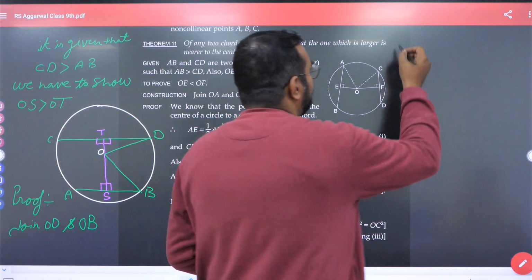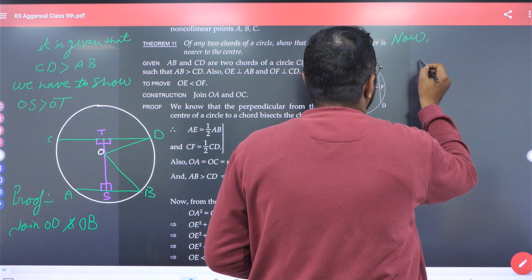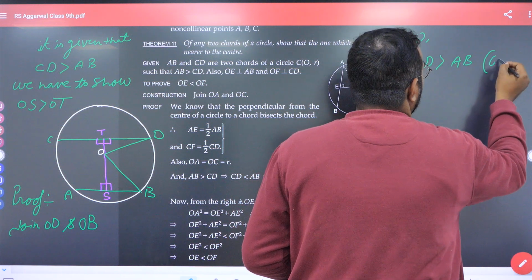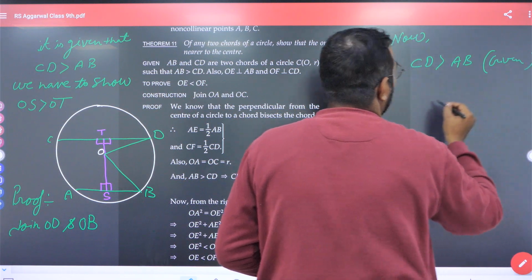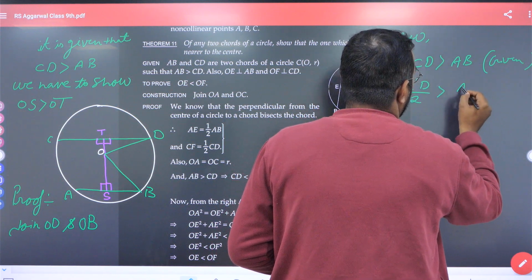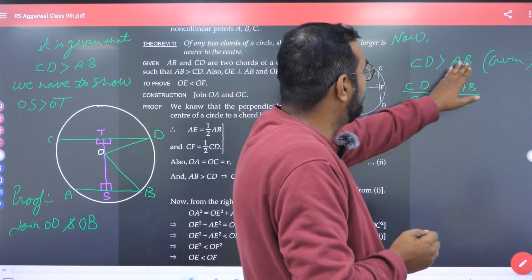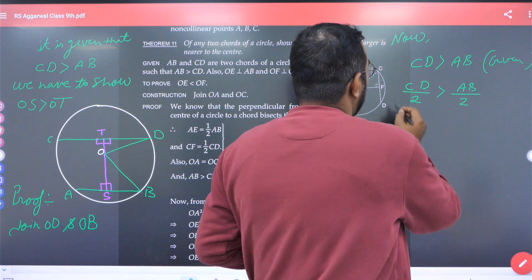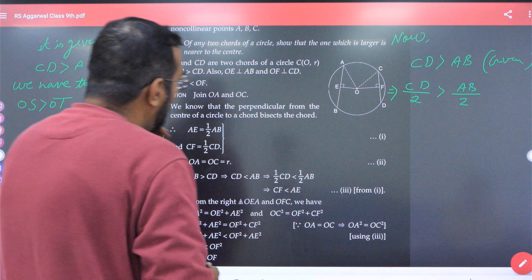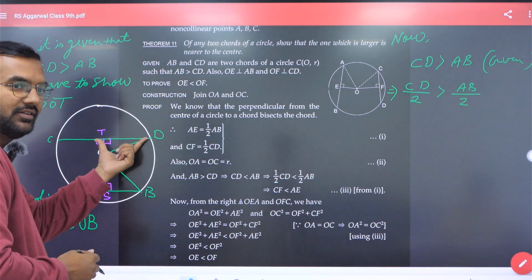Now, here CD is greater than AB, given. So half of CD will also be greater than half of AB, and half CD is DT.